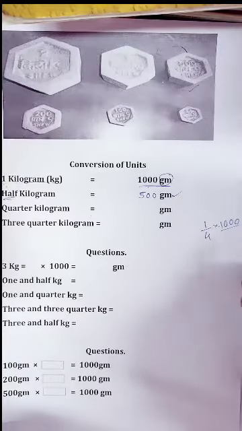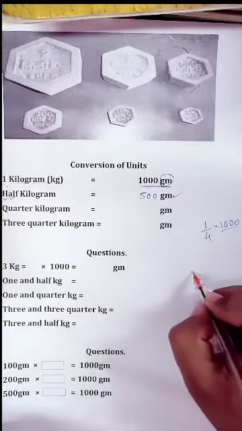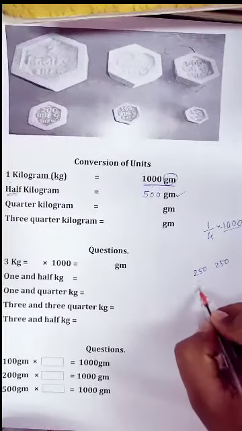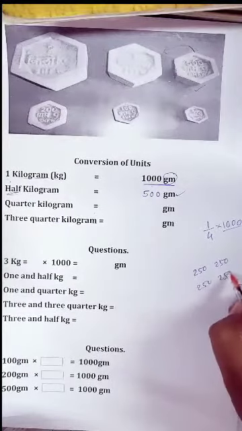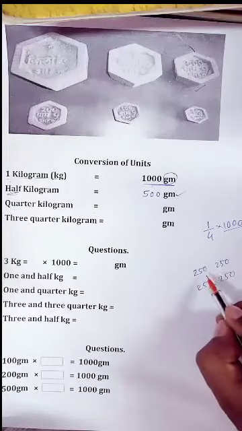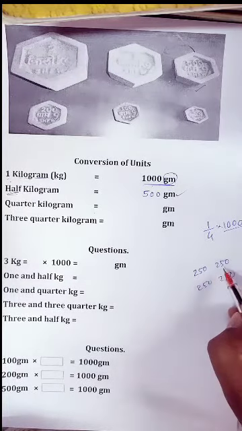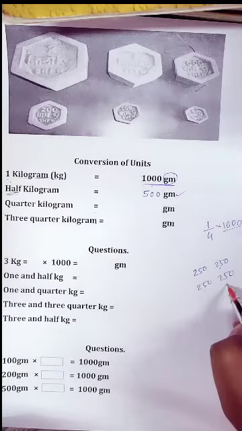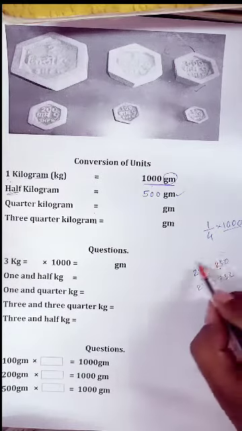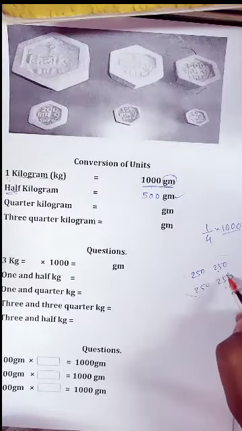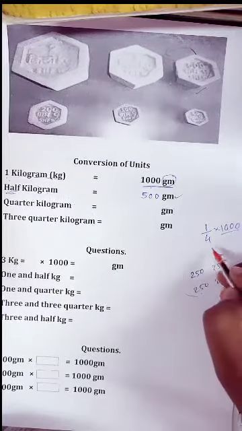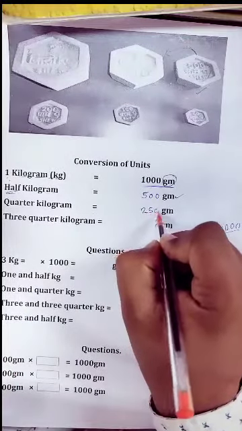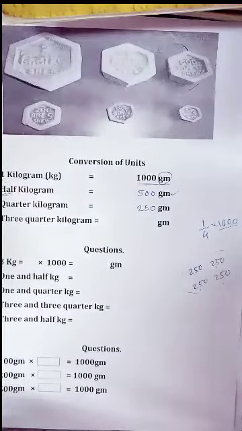So 1000 के 4 equal parts बनाने, which is equal to 250, 250, 250 and 250. As you all know, 25 ones are 25, 25 twos are 50, then 75 and 100. And with the 0 you have to add, it will become 1000. So quarter means 250 gram.